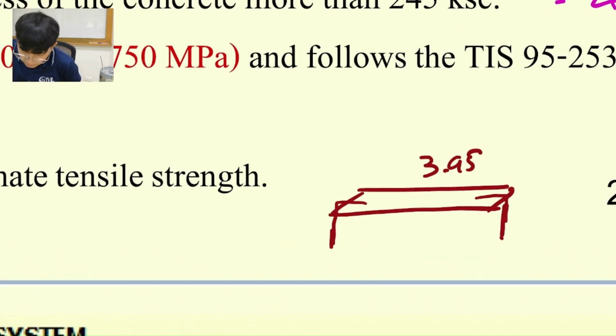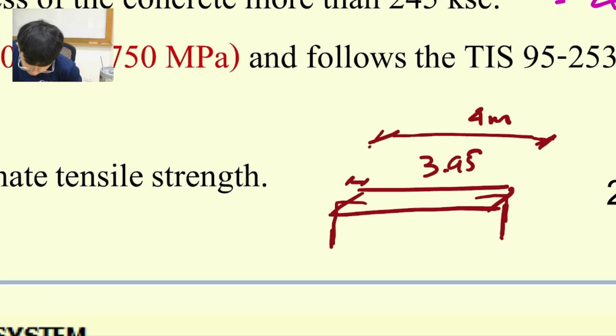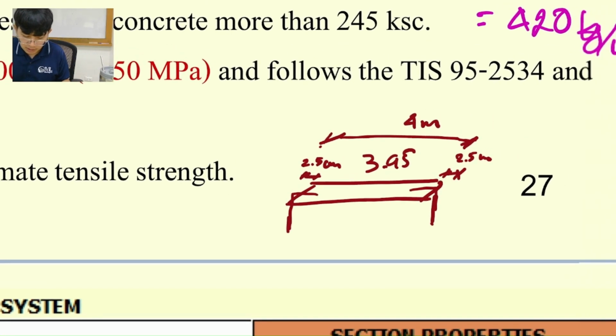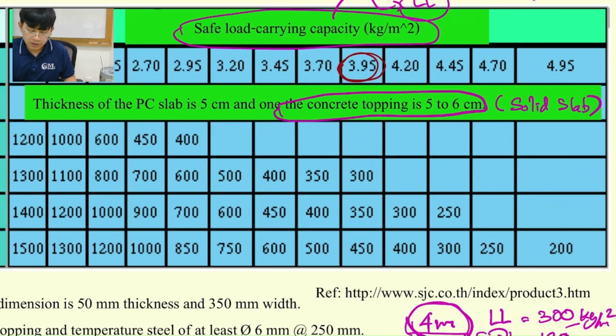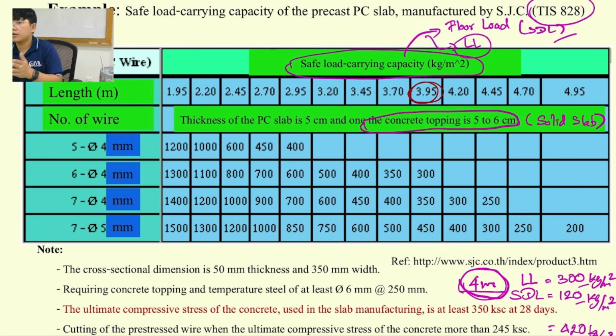Then my center to center remains 4 meters, and I have a gap of about 2.5 centimeters for the error adjustment. The edge here is about 2.5 centimeters. That's why the length on the table is shorter than your span.